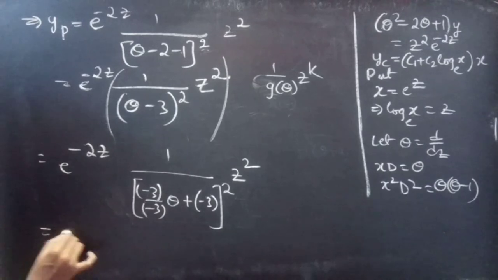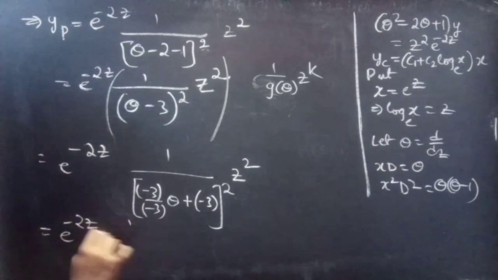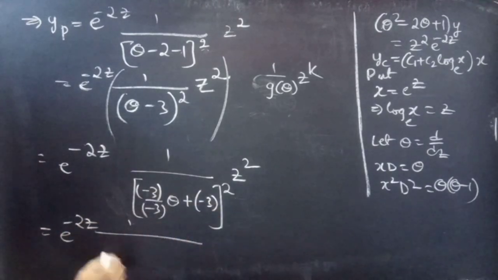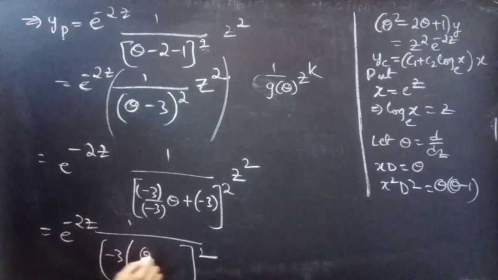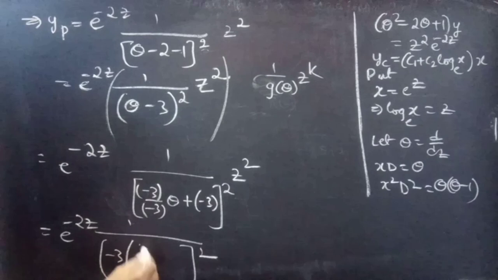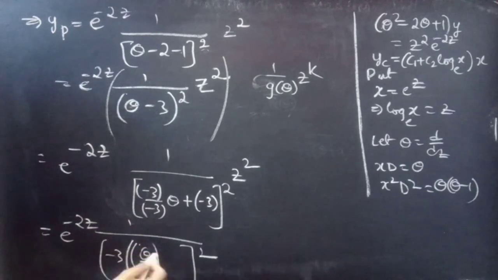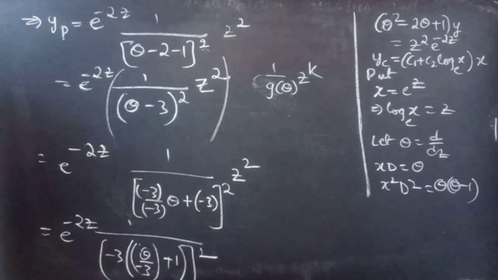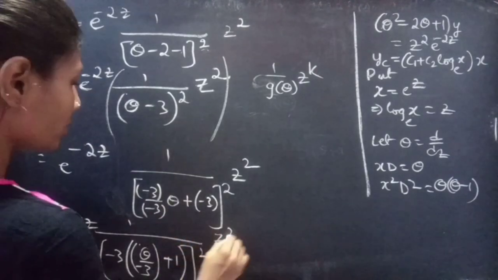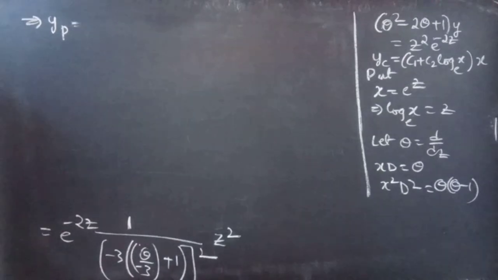This is equal to e power minus 2z into 1 by, now take minus 3 common from these two terms, we'll get minus 3 times theta by minus 3. We can write it as minus theta by 3, or better write theta by minus 3 plus 1 into z square.